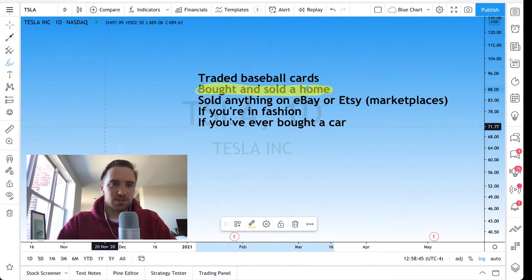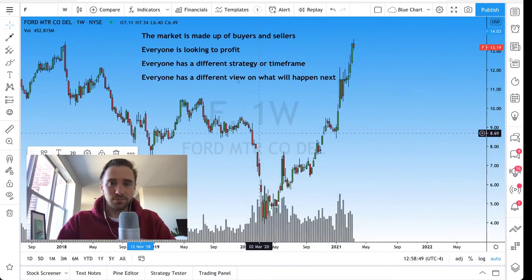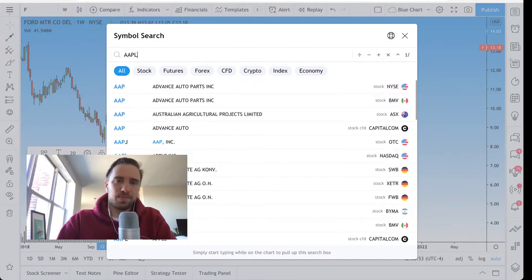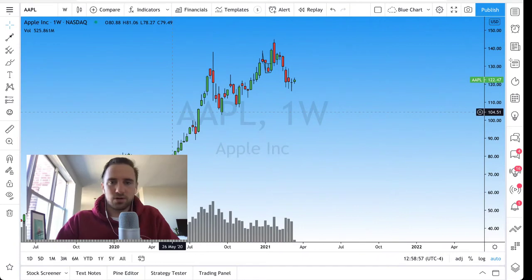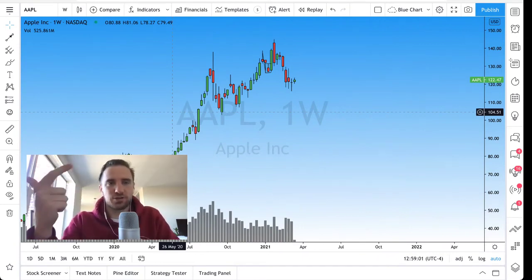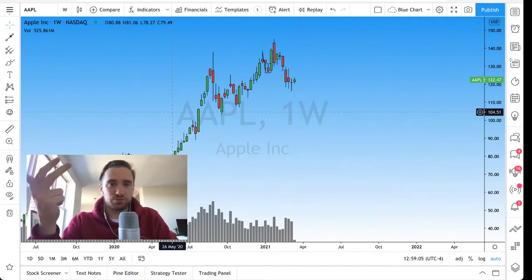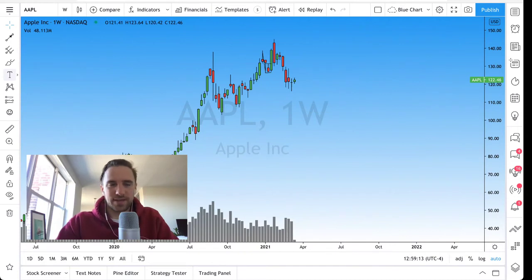And markets have a lot in common to that, in the sense that when you invest for the long run, let's just say you are buying Apple. You're buying Apple much like you might buy a home if you're investing for the long run. You're doing your research. You want to make sure you're buying at a fair price. You want to make sure you're buying something that actually could appreciate and get more valuable. And you're buying something that you think has a lot of potential. Same way at a home, you would do renovations or you would invest into that home.